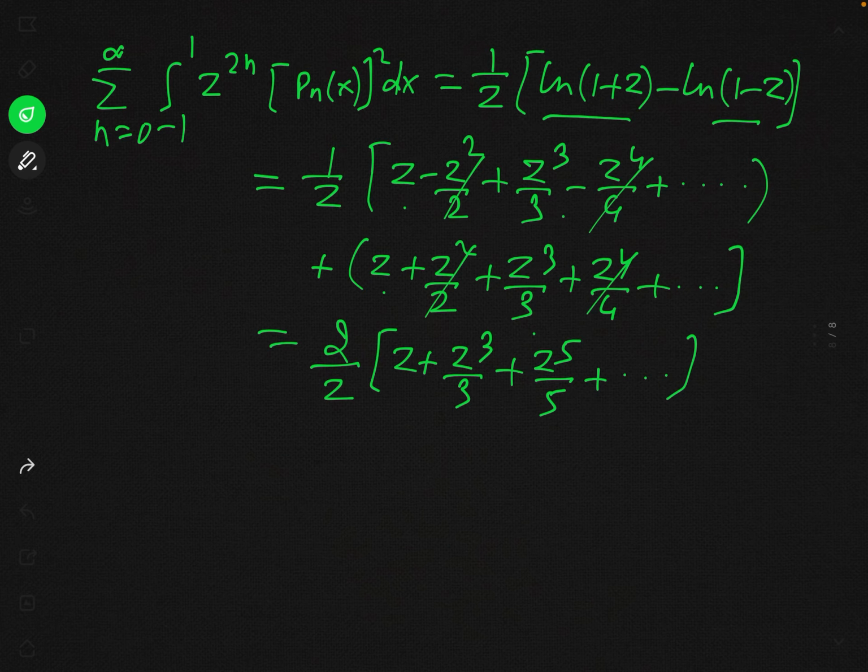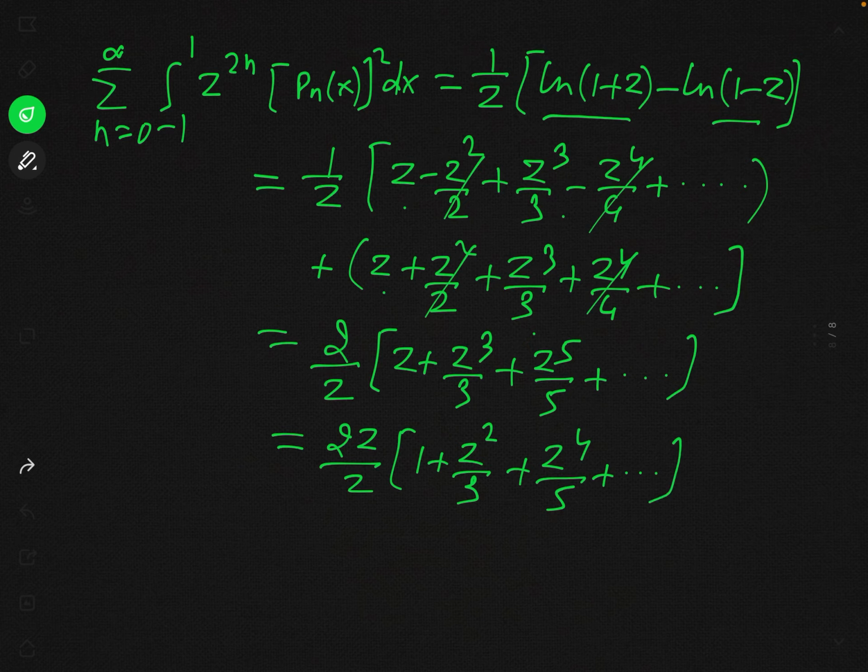So when you take one of the z as a common factor, this will be 2z over z into 1 plus z square by 3 plus z^4 by 5 plus so on.